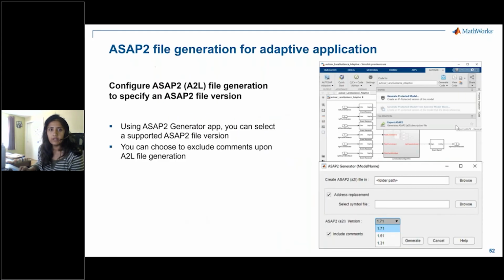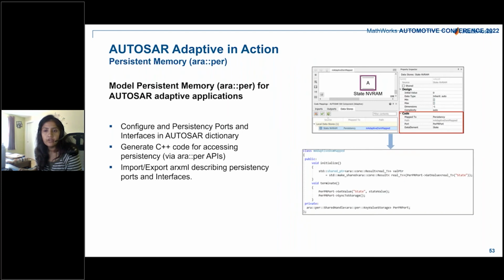Furthermore, you can configure your model to generate ASAP2 or A2L file generation, and the file versions we support are highlighted in the UI. You can choose to exclude comments upon A2L file generation as well. Then we do support ARA-COMPER.